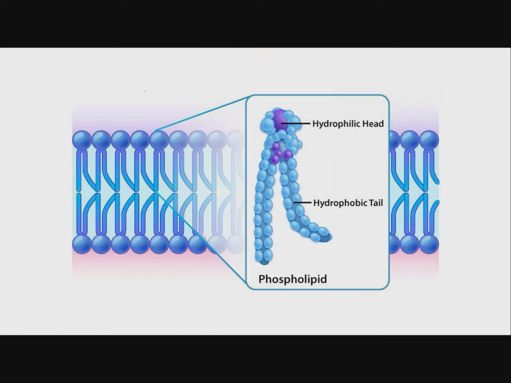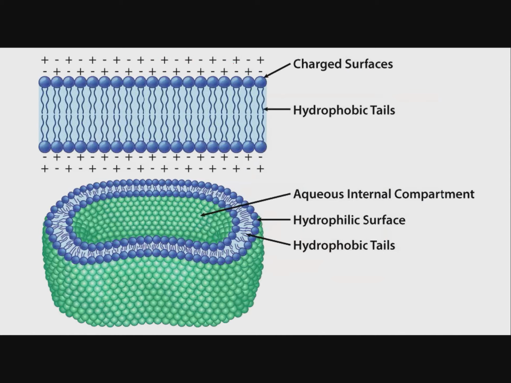Polar head groups are in contact with the aqueous environment, and non-polar tails are buried within the bilayer. The major driving force for the formation of these bilayers is hydrophobic interactions. So there's outside of the cell and inside of the cell, and the membrane is semi-permeable, because we're going to talk about how we actually permeate this.